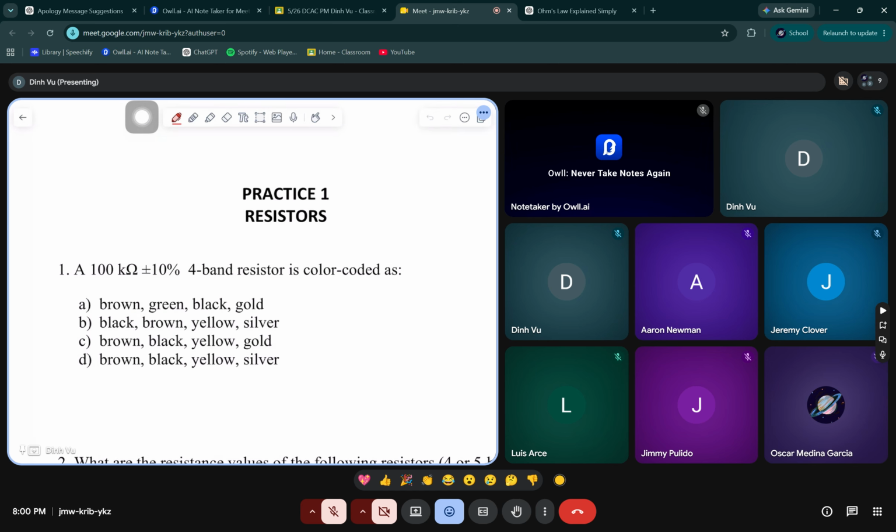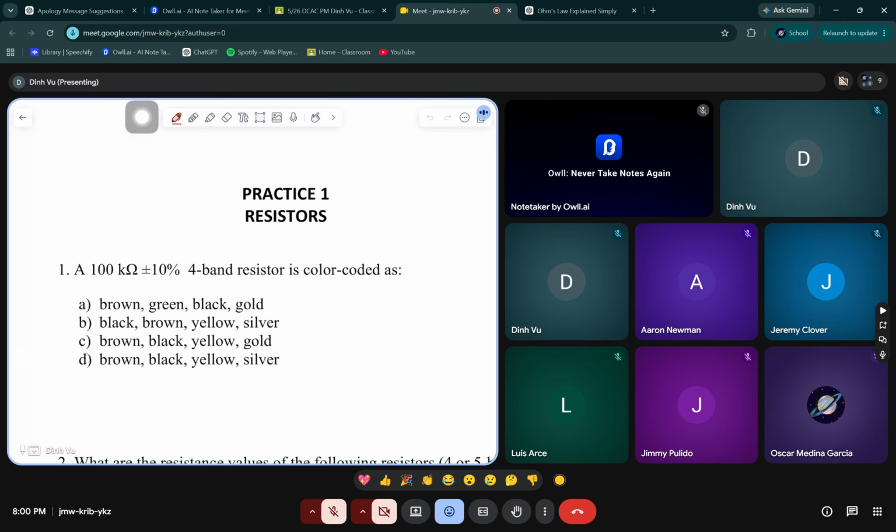Now, let's do this practice exercise. Now, suppose we have a 4-band resistor, 100K plus or minus 10%.